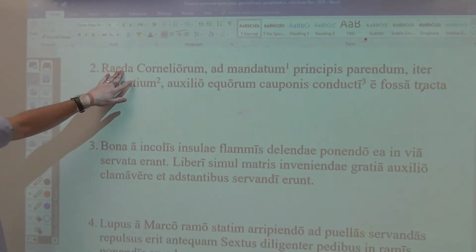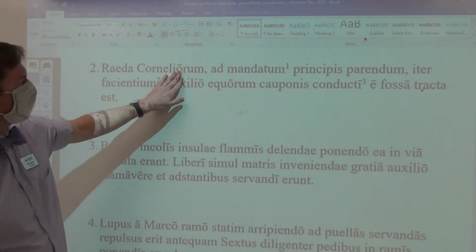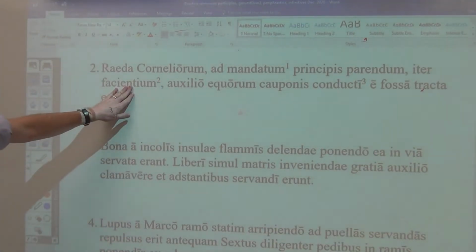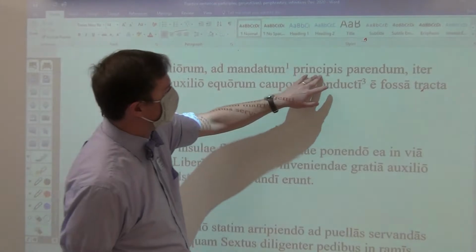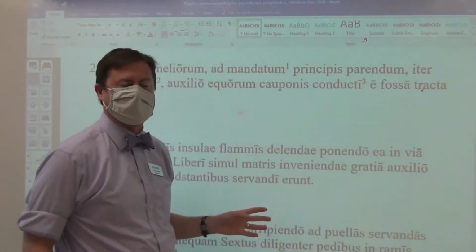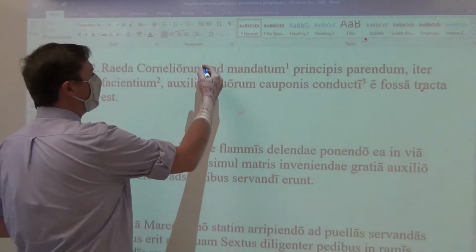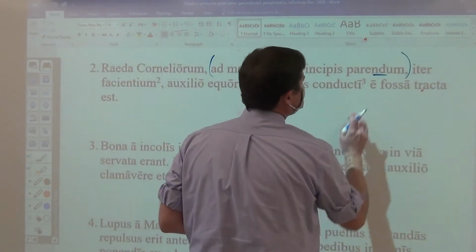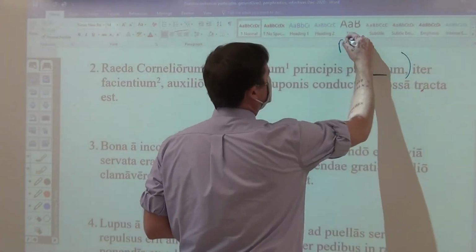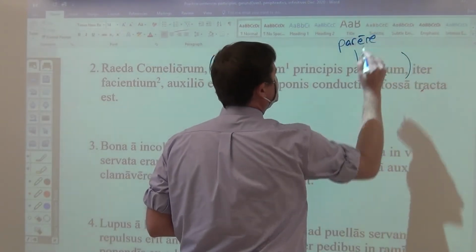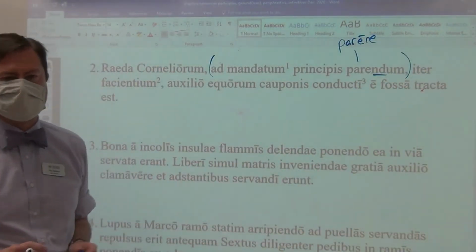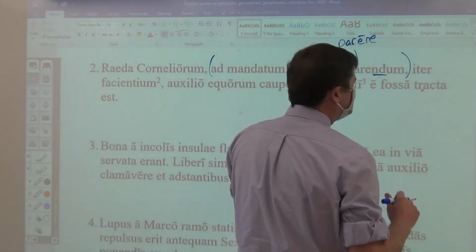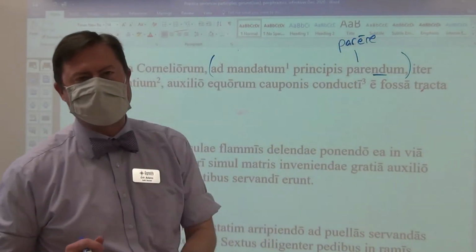So that carriage, Corneliorum, and then here we have, if we're going to skip this odd mandatum principis parendum, the reason I'm going to skip it for now is that obviously this is a gerund or gerundive phrase. And it is from the verb parere. Now remember, there are certain verbs that are going to require, instead of an accusative object, a dative object.